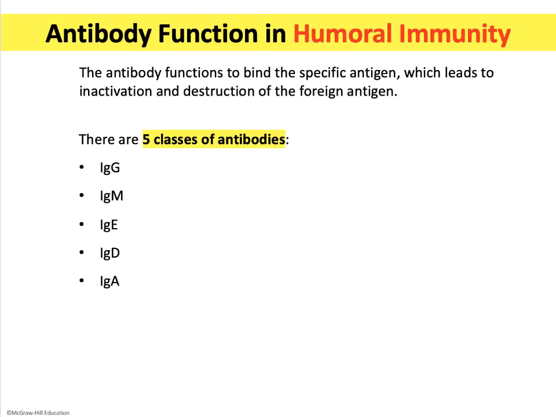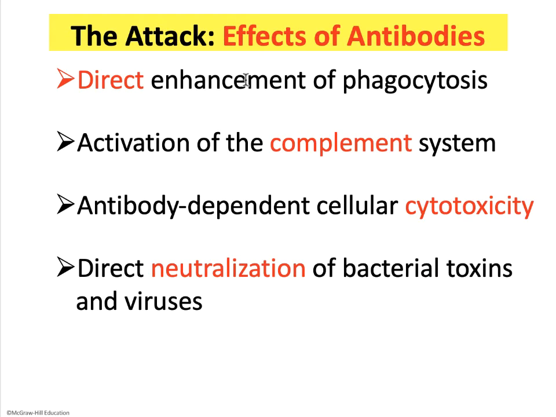We mentioned the 5 classes of antibody earlier in this video. Now let's have a look at how they perform their functions. Attacks coordinated by the antibodies have been observed in a number of different methods. One is direct enhancement of phagocytosis.